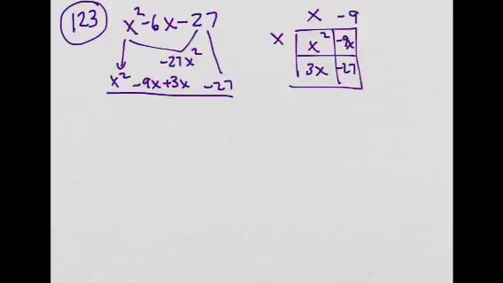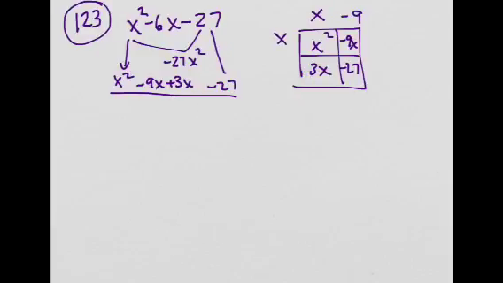And then something times x has to give me 3x. And that's 3. And then as a final check, you always multiply the constant, so this number, and they have to give you this number right here. So it's 3 times negative 9, negative 27. The answer is yes. So that means that you factored it properly. Now, which ones are the factors? The ones on the outside. So this one and this one.